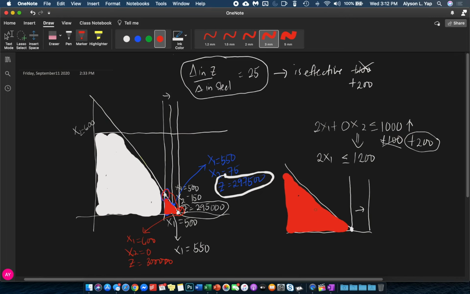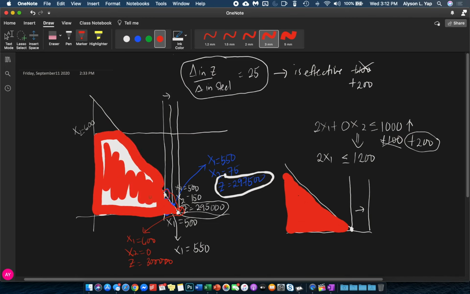This is our feasible region, well, including the left part now, because this is just the zoomed in part of this area, but technically the feasible region is everything here. Okay, everything that is red.